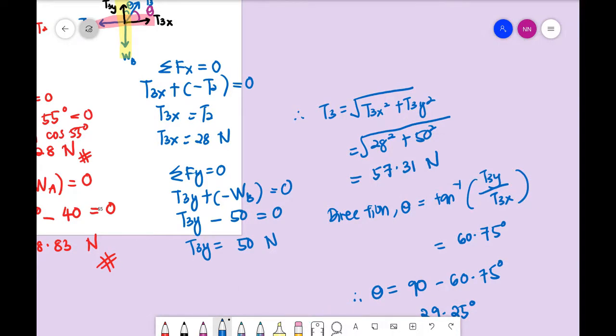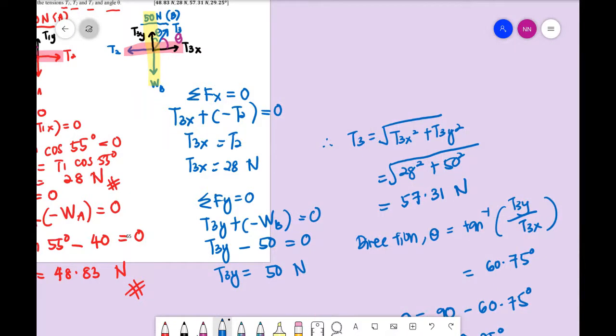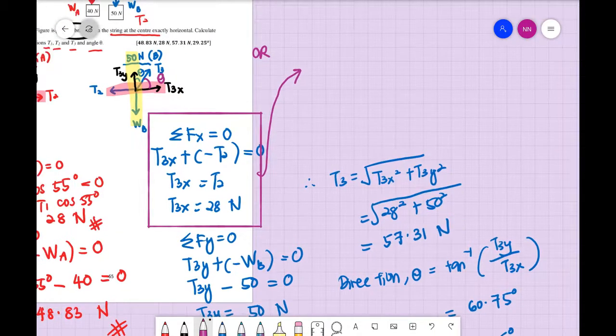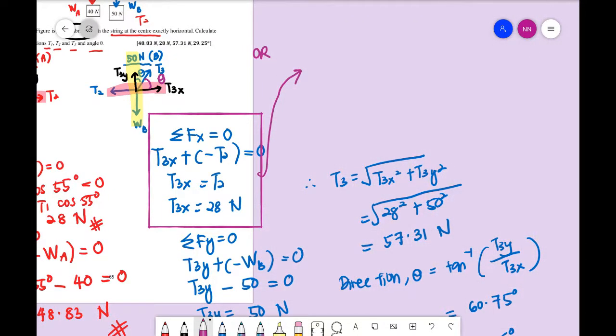Or you also can solve like this, at this area. T3X is T3 sine theta equals to T2.